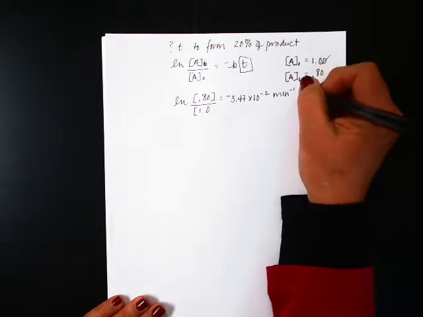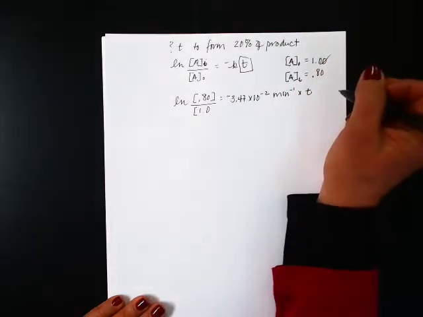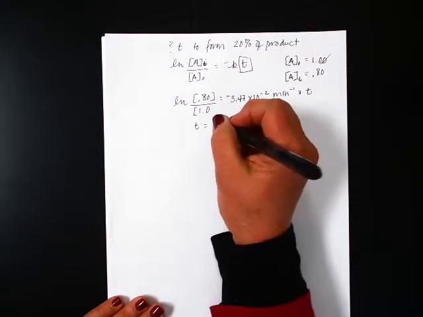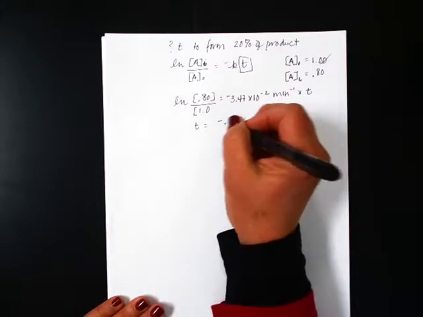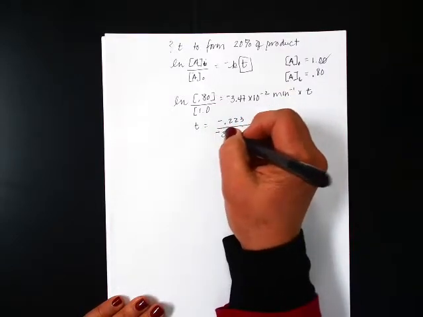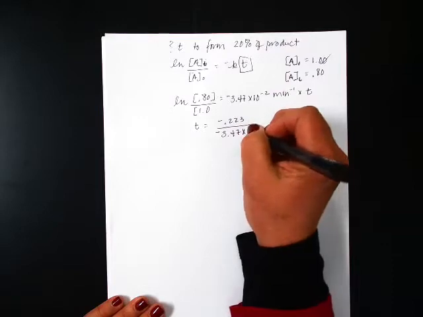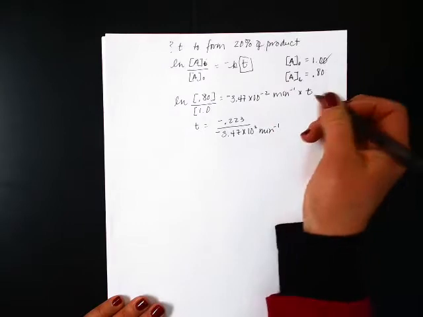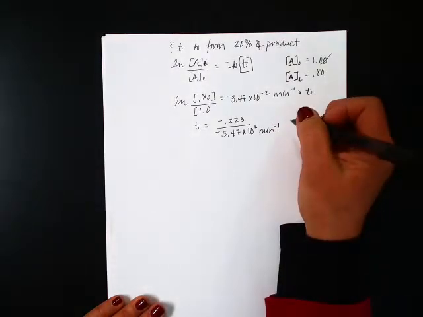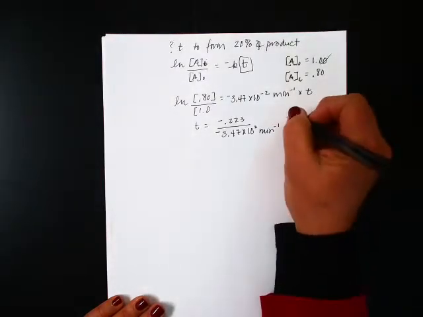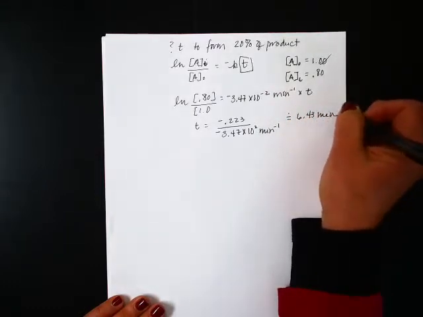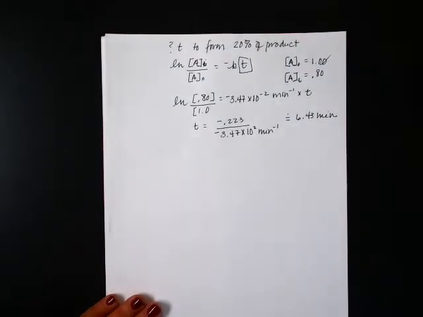So we'll just rearrange and solve for t, and t equals negative 0.223 divided by negative 3.47 times 10 to the negative 2 min to the minus 1, and my time then equals 6.43 minutes. So keep in mind that time is never going to be negative, so that will help you keep track of signs in your calculations.